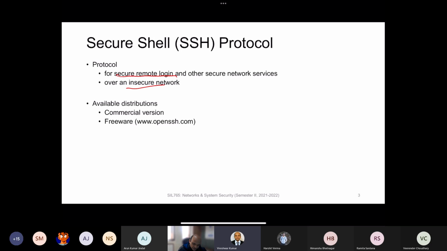And of course this is happening on an insecure network. There are commercial versions of SSH also available, the paid versions, and of course many of us use OpenSSH, which is the free version for generating these SSH keys.